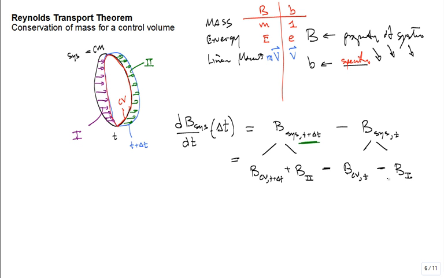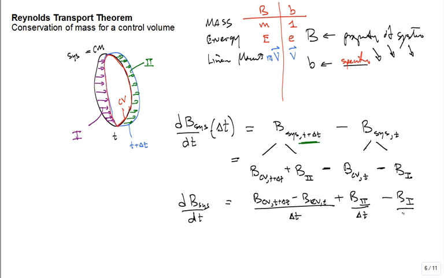Make sense? So then they just take these and they say, let's put the control volume at t plus delta t and the control volume at t, and then we'll put over here B2 minus B1. We'll finally get that delta t over each term. And what do you think this first entity looks like?